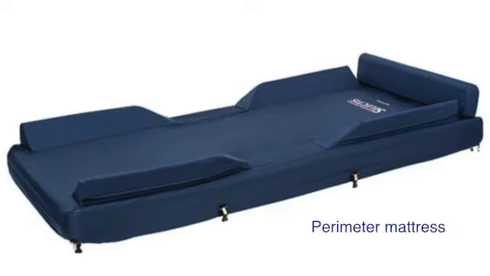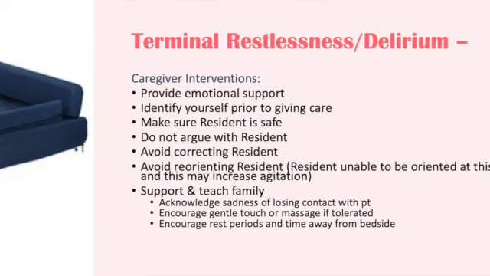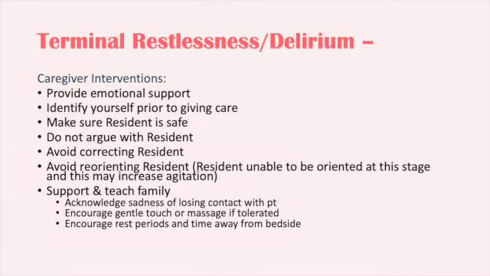Recently, we've had the hospice providers order a perimeter mattress to give some wedges on the side of the bed so that it's more difficult for the resident to get out of the bed. Avoid correcting the resident, don't argue.